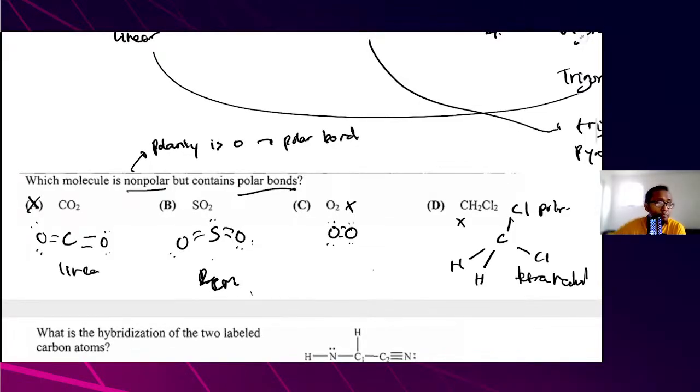How about option B? Again, option B looks good, right? It looks like symmetry, but it's not, because this one is bent. So the dipoles do not cancel. Because it's bent, the molecule has a net dipole and is polar. This one is still polar.